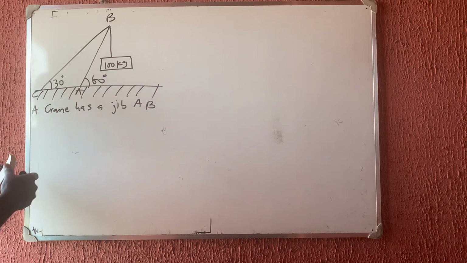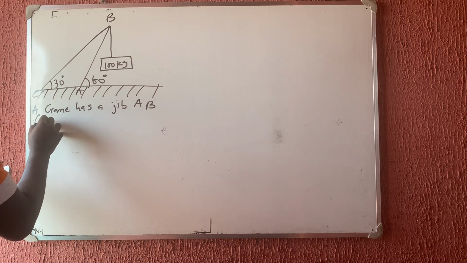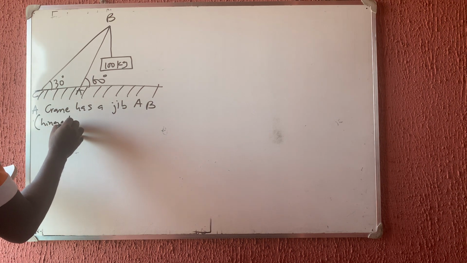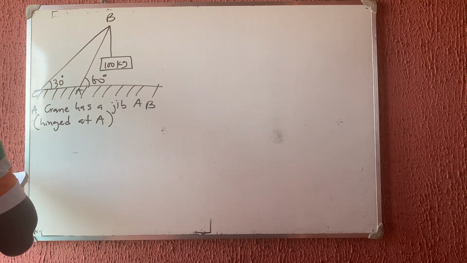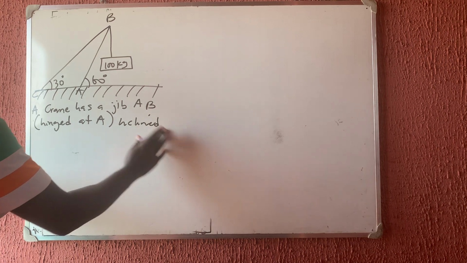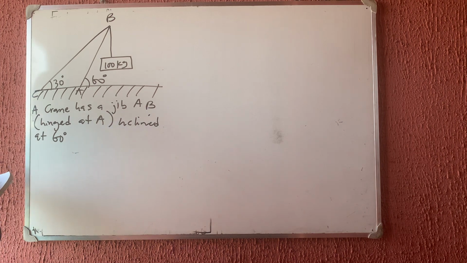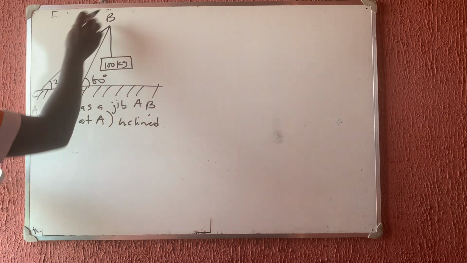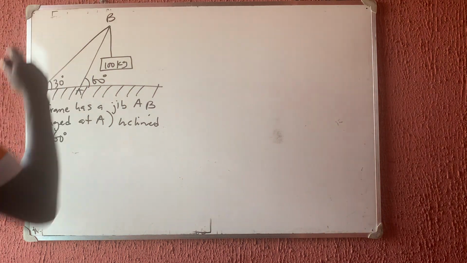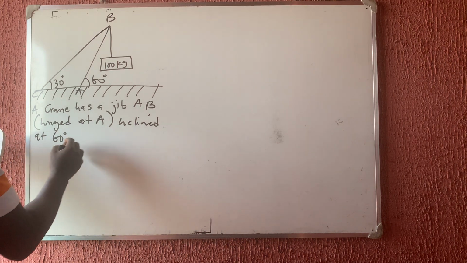Let's assume that here is A. Okay, yeah, that place is A. Then they now say hinged at A, inclined at 60 degrees. They say calculate the tension along BC. I don't want to start writing the whole story. Okay, let me write it for writing's sake. Inclined at 60 degrees to the horizontal.